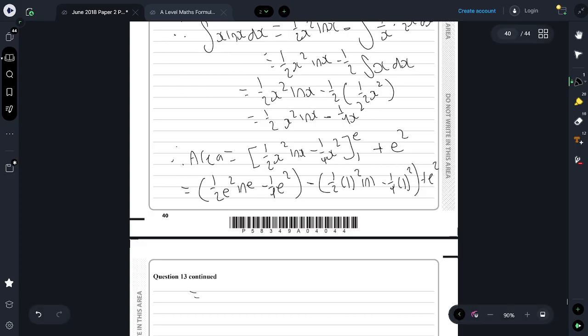What does that simplify to? Well, ln e goes to 1, so this is just a half e squared minus a quarter e squared. And then a half of 1, ln 1 goes to 0, so this will go away, so you're just left with minus a quarter, plus e squared.